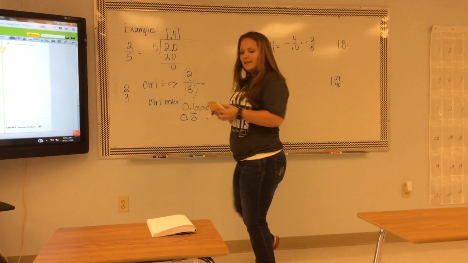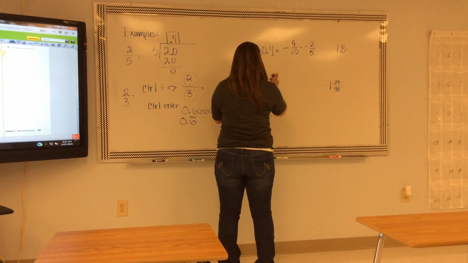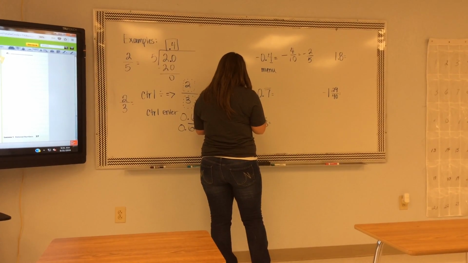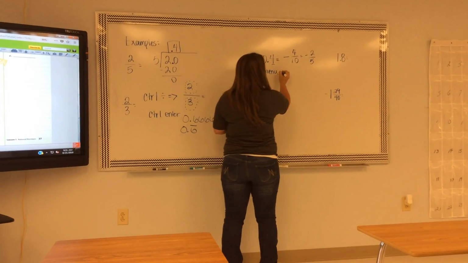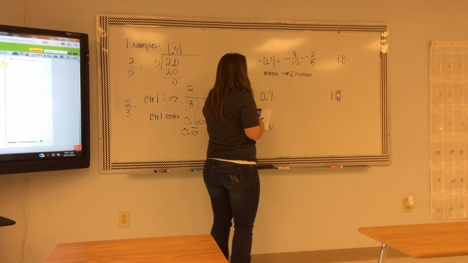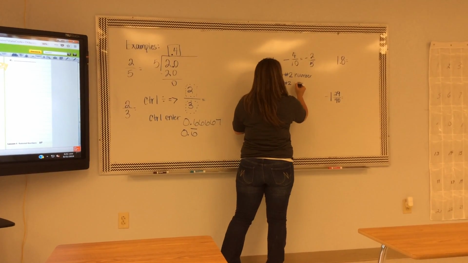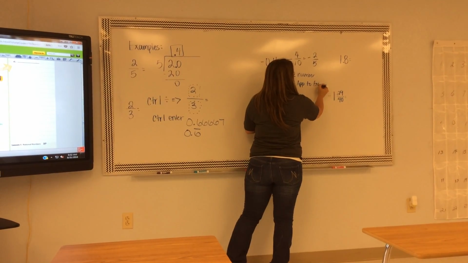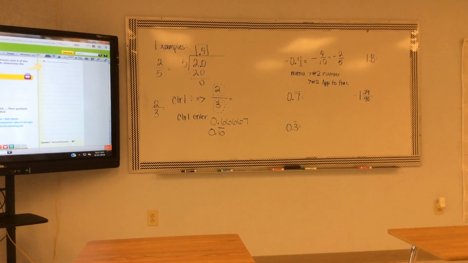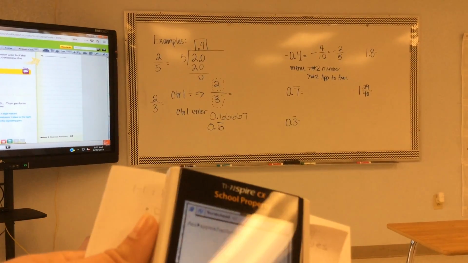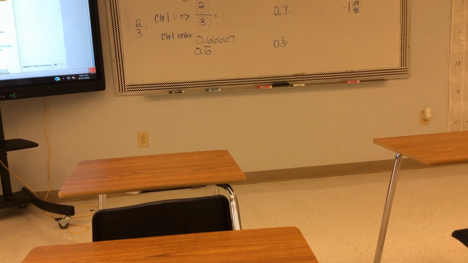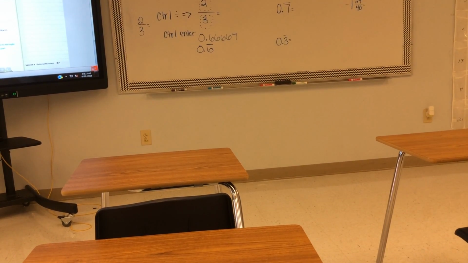All you have to do is select Menu, scroll down to number 2, number, scroll down to number 2, approximate to fraction, and when you do, you get this funky looking message in your calculator.